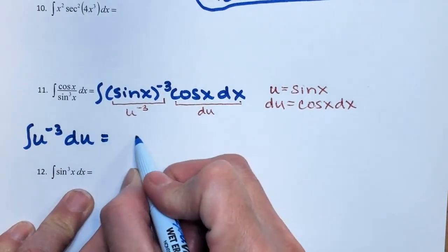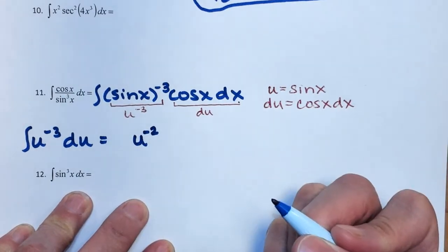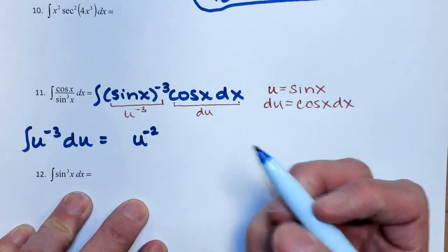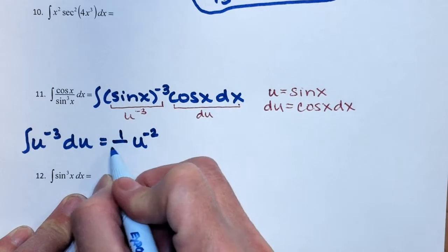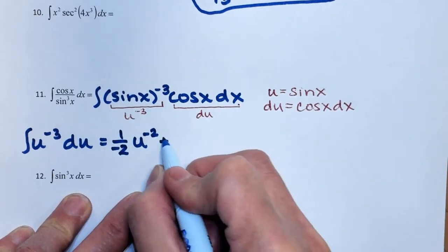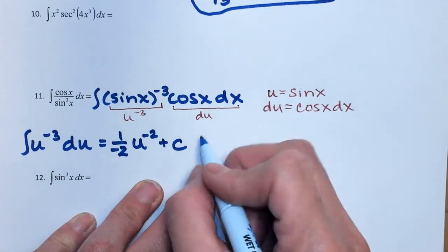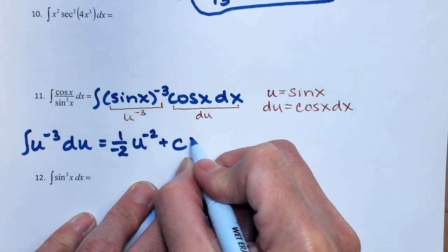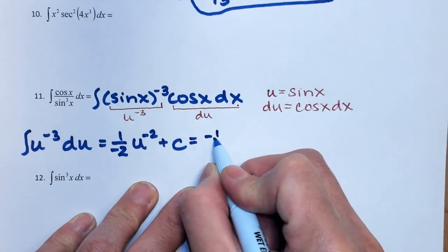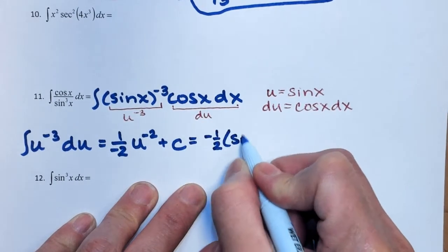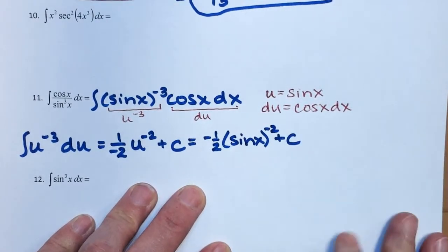U to the negative 3 integrates to, my exponent should become negative 2. I'm going up 1, and so this needs to be 1 over negative 2, or negative 1/2. Lastly, I'm going to put my original variable back in the problem, and I get negative 1/2 sine x to the negative 2 plus c.